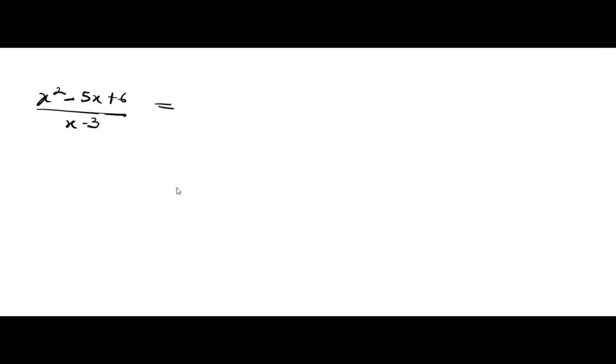Alright, let's do this using the synthetic method and cross-check if we are going to have the same answer. So in the synthetic method, all we have to do is set the denominator equal to 0: x minus 3 equals 0, x equals 3. So you have your 3 outside. Then you write all the coefficients of the numerator. So here the coefficient is 1.